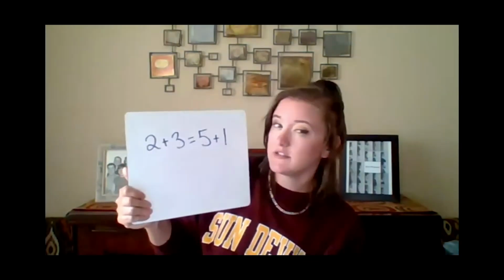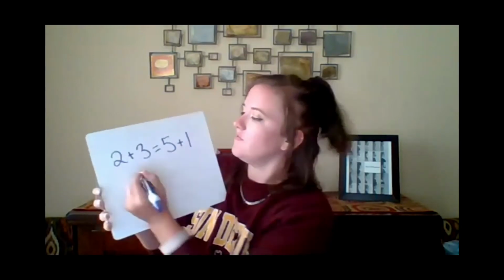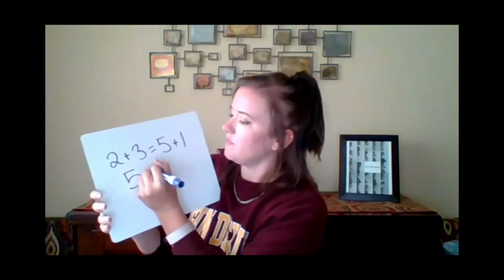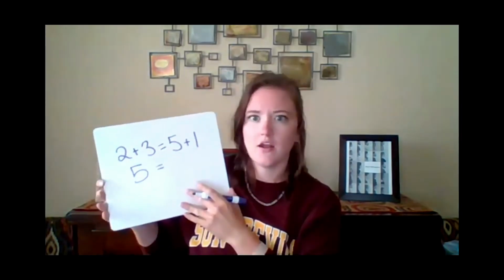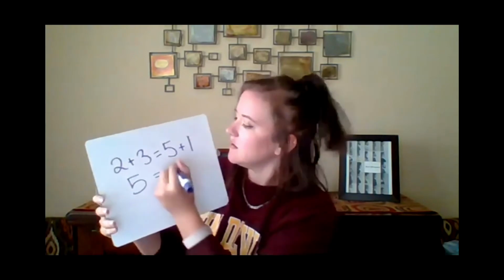So we have 2 plus 3 equals 5 plus 1. And I think because these numbers are pretty small, we could probably just solve this fluently. So what's 2 plus 3? It's 5. Nice job. Bring down the equal sign, and right off the bat, what's 5 plus 1? 6.